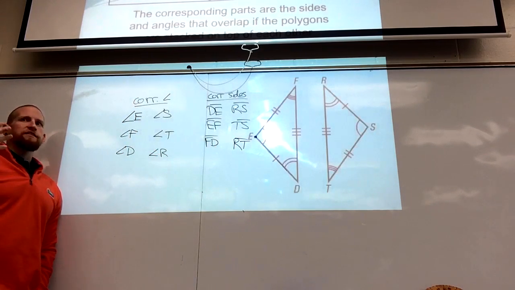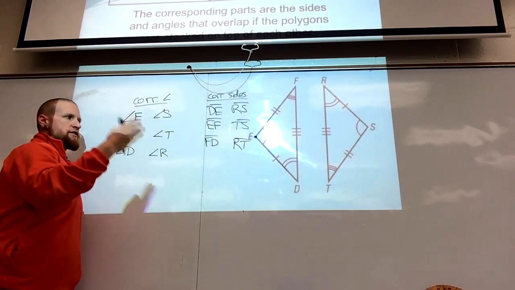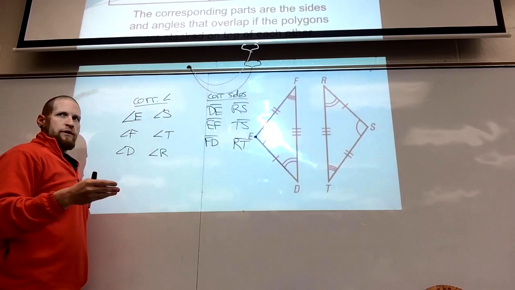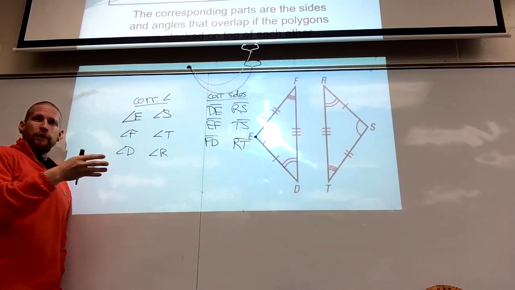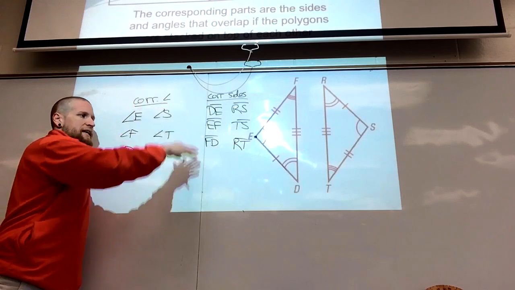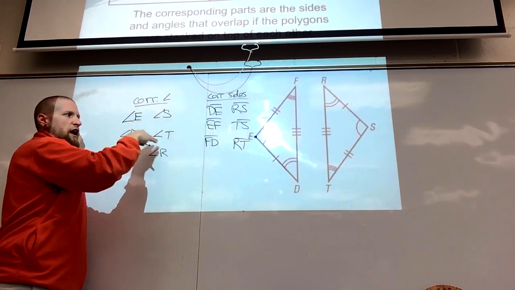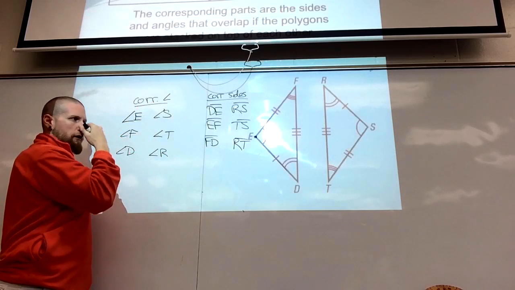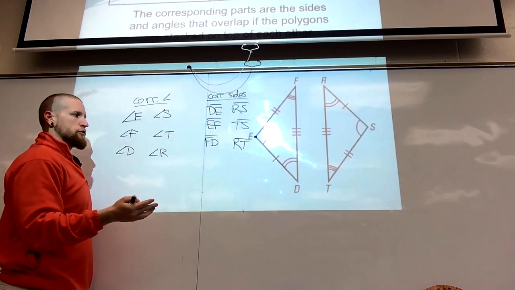This is what would be considered the work portion for a question of, are these two shapes congruent? So I'm going to tell you now, if the directions say, are these shapes congruent, you need to make these lists out. The number of pairs you write out is going to be equal to however many sides there are, however many angles you see.